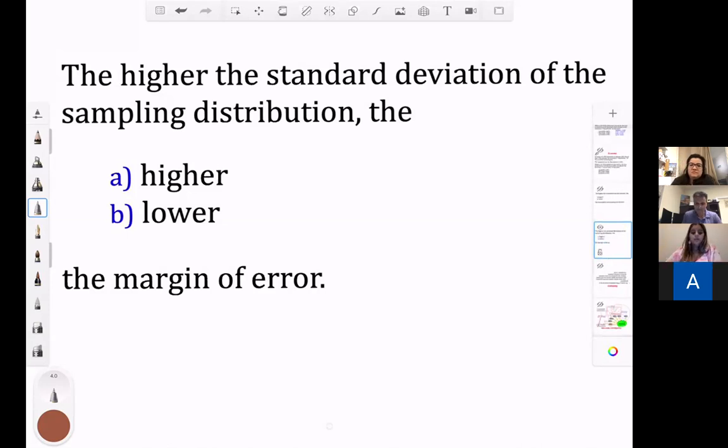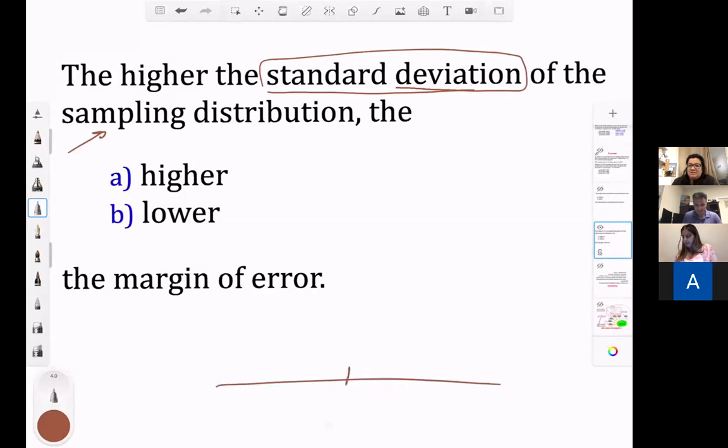I think it's A. I think we're going to have a higher margin of error. We're going to have more error if the standard deviation of the sampling distribution is higher.